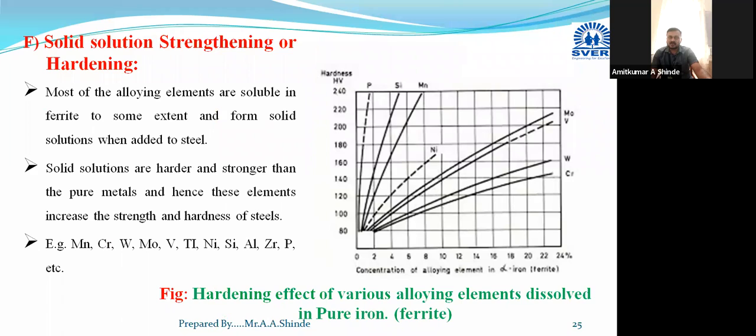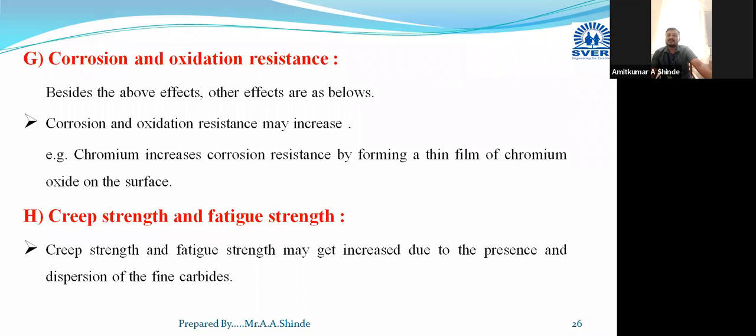Then the very important effect is solid solution strengthening or hardening. Due to formation of solid solutions, it will result in better strength and better hardness of the steel. Then due to formation of some oxides like chromium oxides, it will increase the corrosion and oxidation resistance. Then due to formation of some fine carbides like chromium carbide or vanadium carbides, more creep strength or fatigue strength will be provided by that steel.